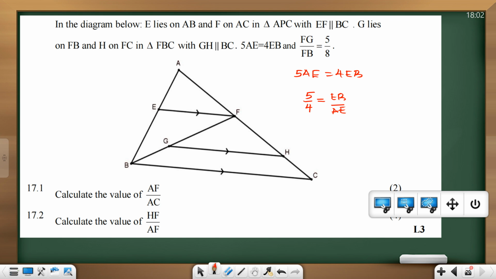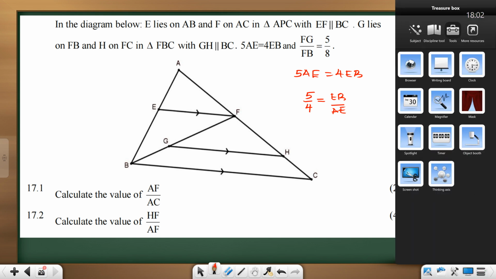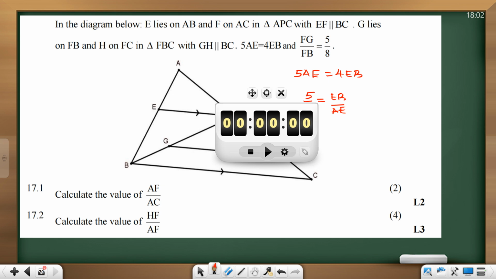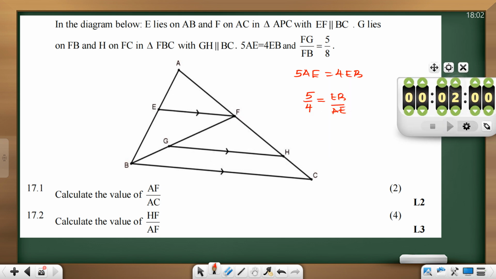Okay guys, let's try to work. You have 6 marks. I'll give you 5 minutes. There's nothing here other than ratios, nothing other than you finding triangles with ratios. Come quickly, let's train ourselves.